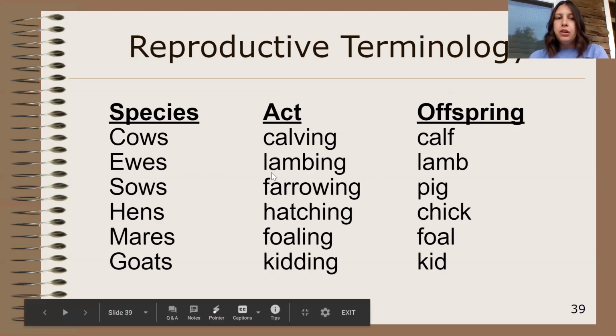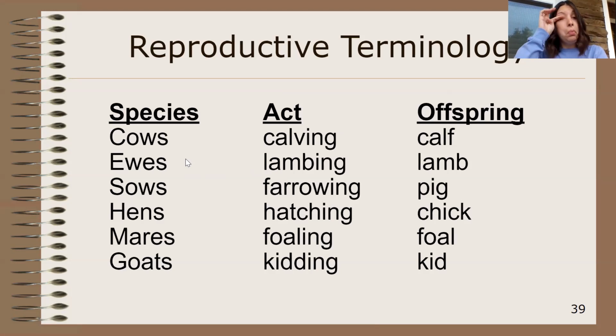Terminology related to reproduction in female animals. For cows, when they have a baby, it's called calving, and they have a calf. When ewes, or sheep, have a baby, it's called lambing, and the baby is called a lamb. When sows have babies, which are piglets, it's called farrowing.